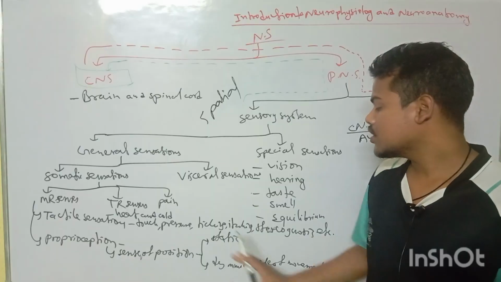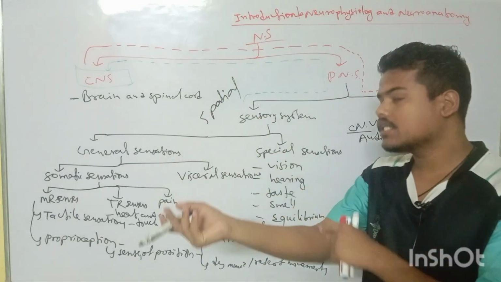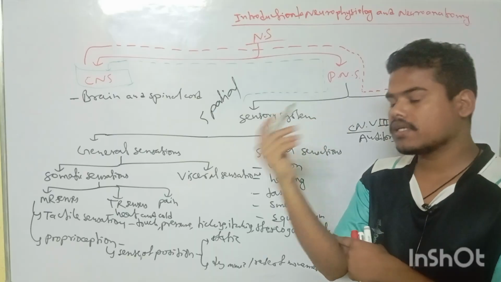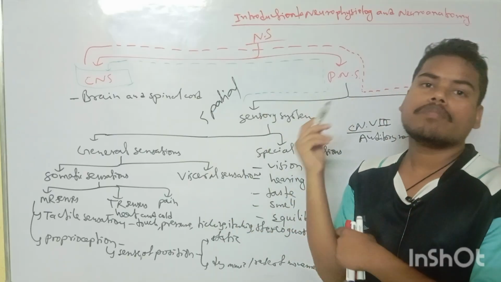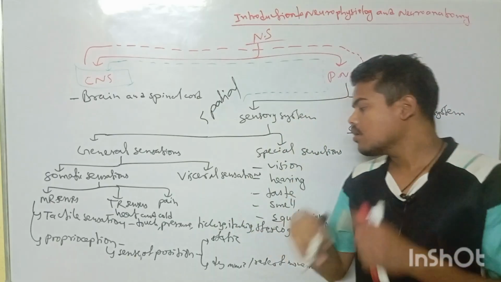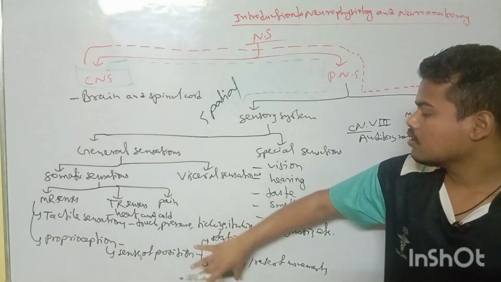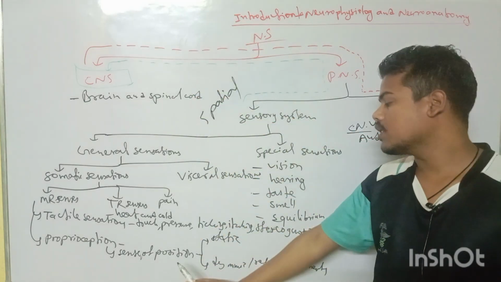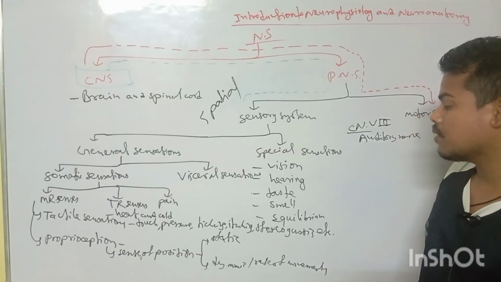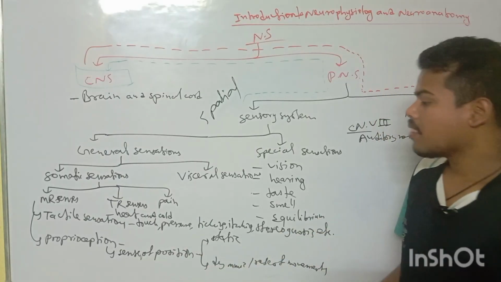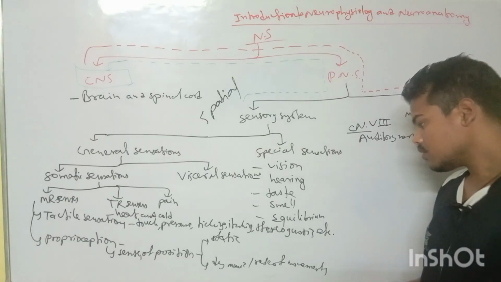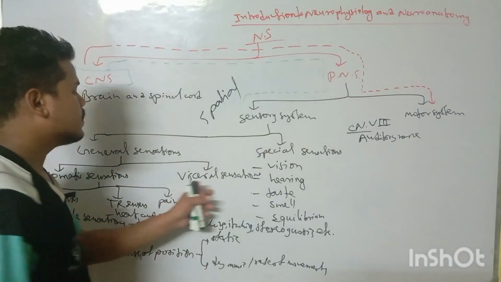Because the sensation from the joints, ligaments, tendons, muscles, how they are stressed or compressed, all sensation is continuously being carried to the central nervous system, and the central nervous system regulates these functions. So these are the proprioceptions. So now the visceral sensations.